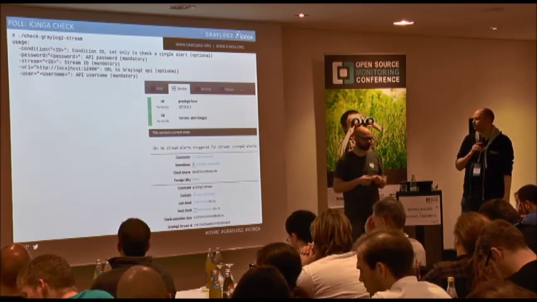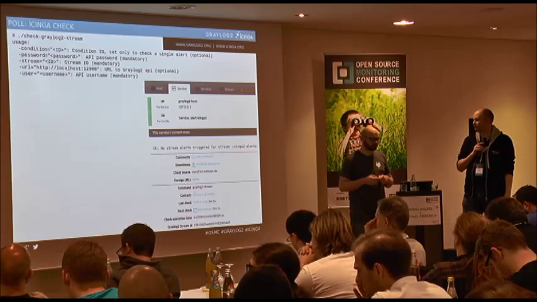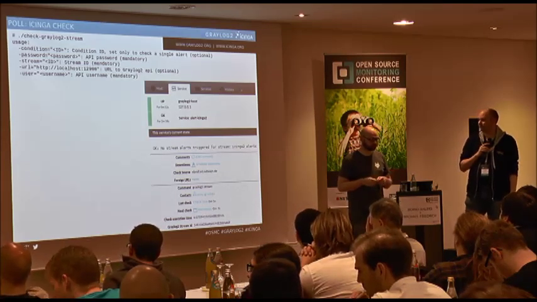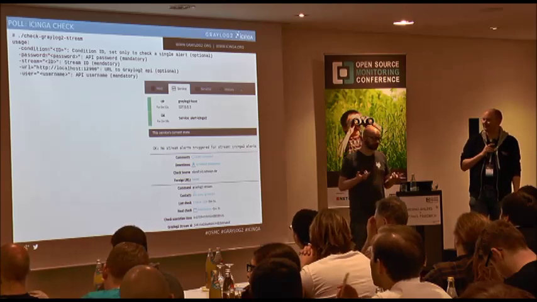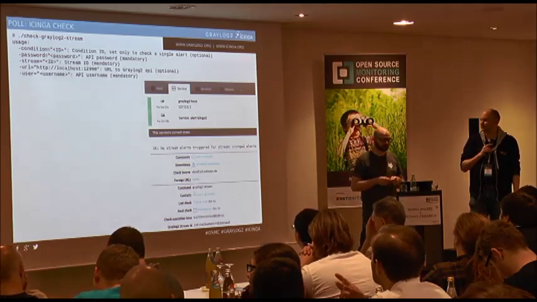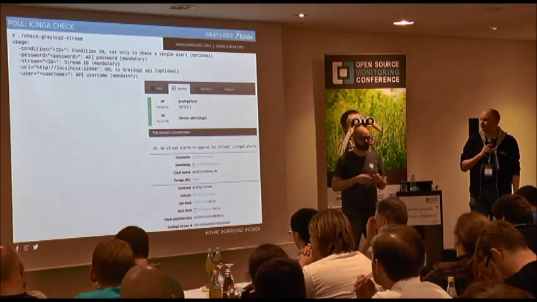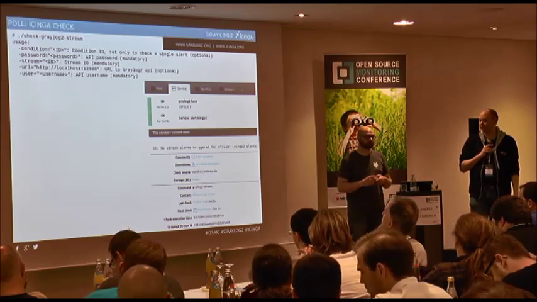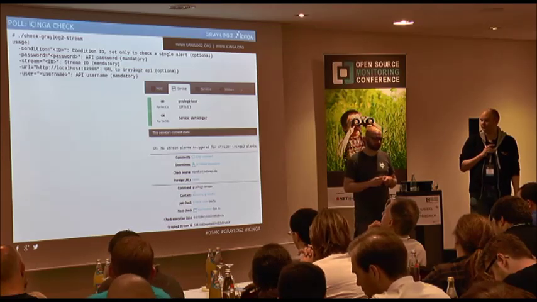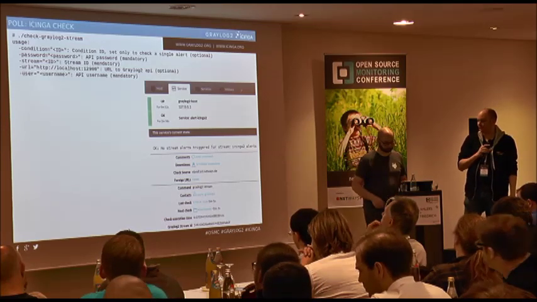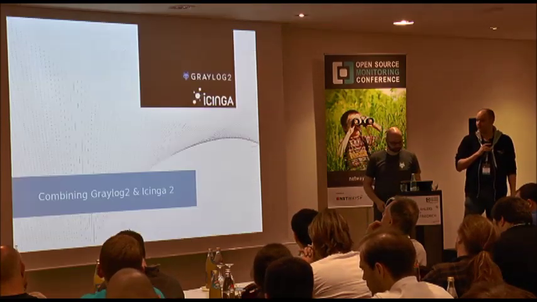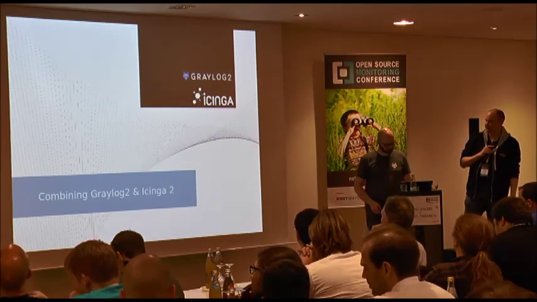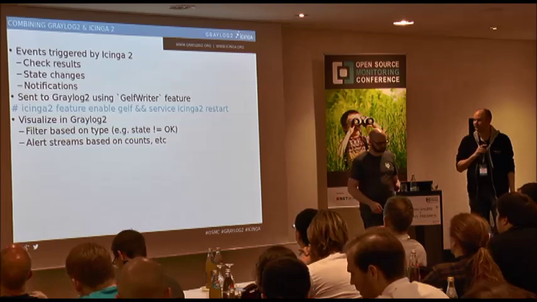There's a releases page with a binary tarball, and you can also compile it yourself, of course. It's written in Go, so it's pretty simple, and it has no runtime dependencies. We also have binary packages for CentOS and Debian-based distributions in our Graylog2 package repositories. So now, coming to combining Graylog2 and Icinga for real.